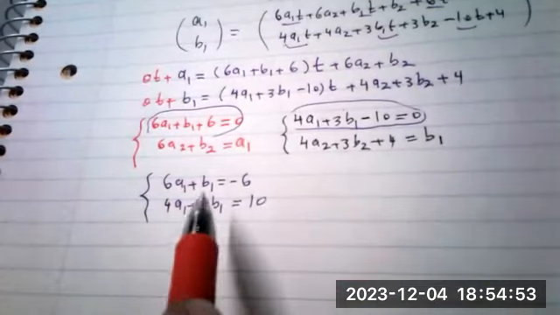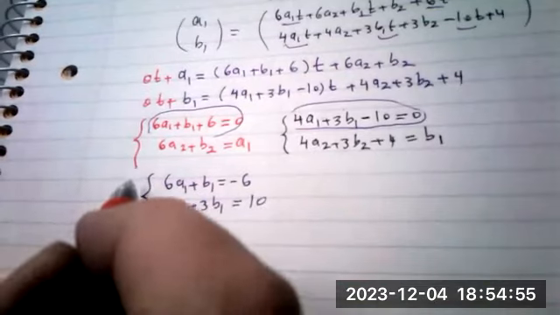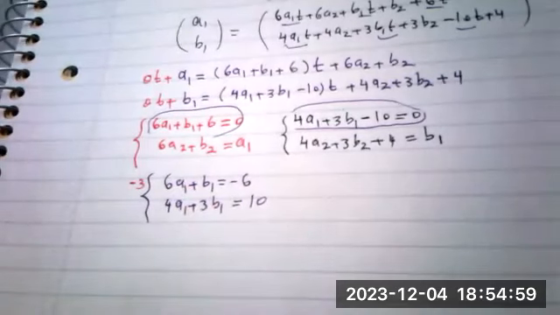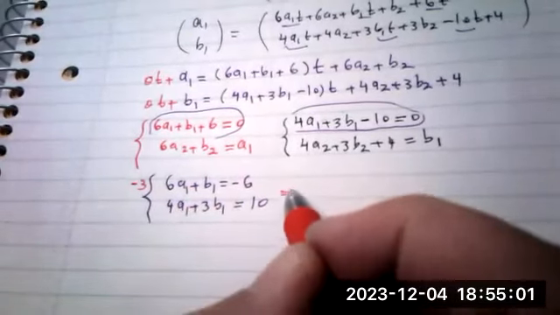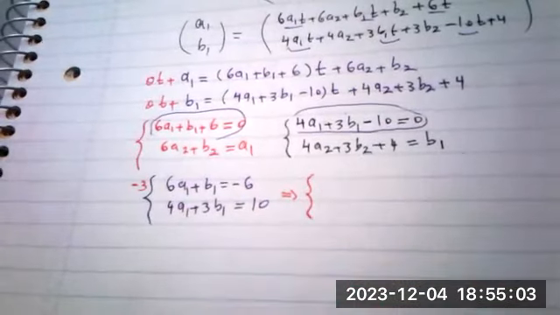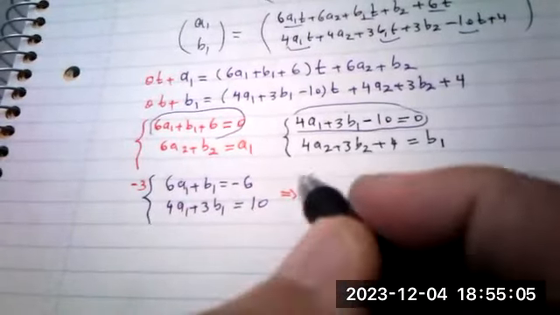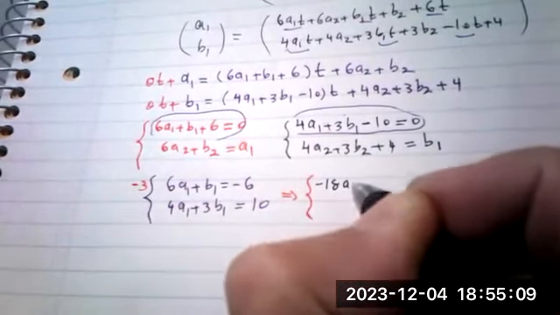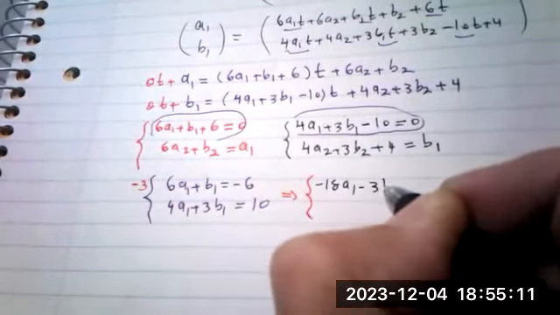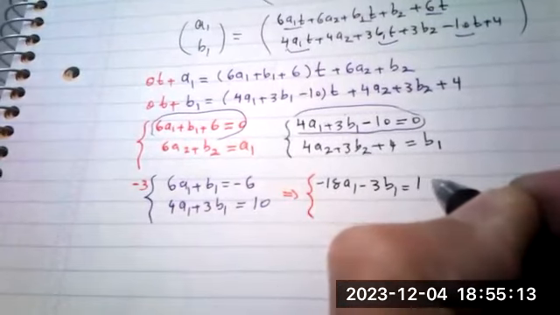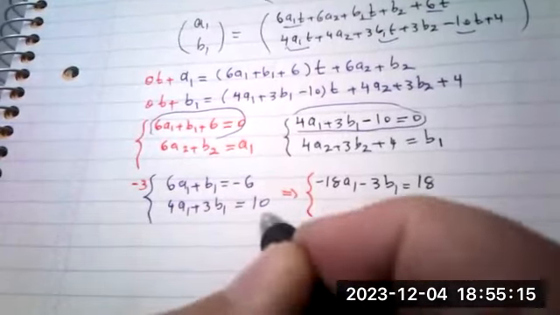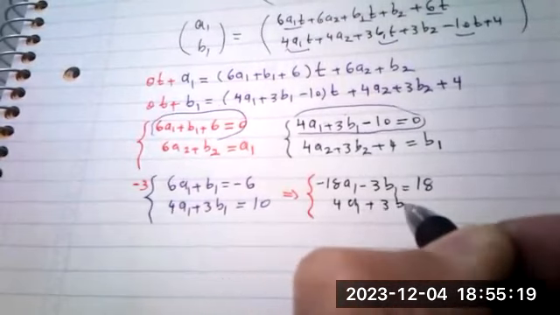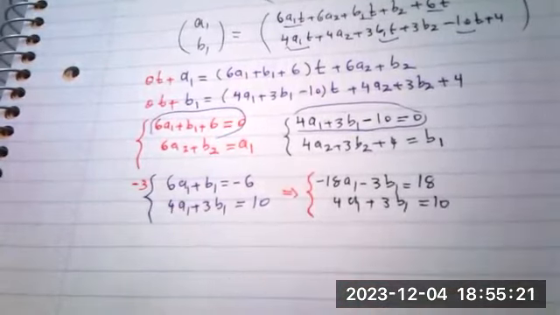Then you can solve it by the addition method. I'm going to eliminate the B, so I multiply the first one by -3. That gives me -18A1 minus 3B1 equal to +18. And over here, I have 4A1 plus 3B1 equal to 10.